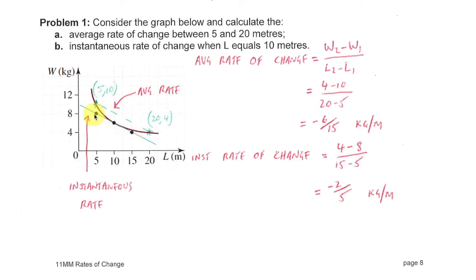So the 2 known points here are 5, 8 and 15, 4. So my calculation is going to be 4 take 8 over 15 take 5 to give me -2/5 kilograms per metre.